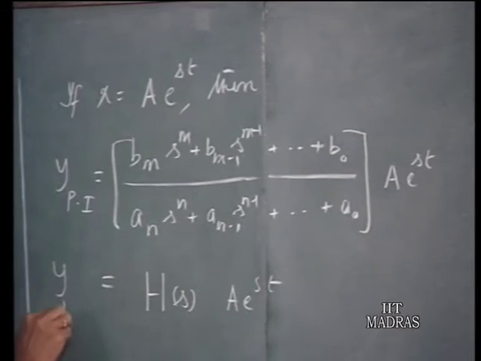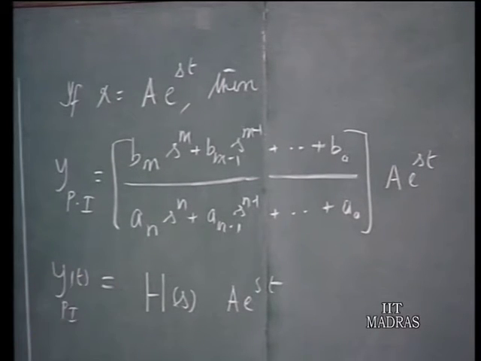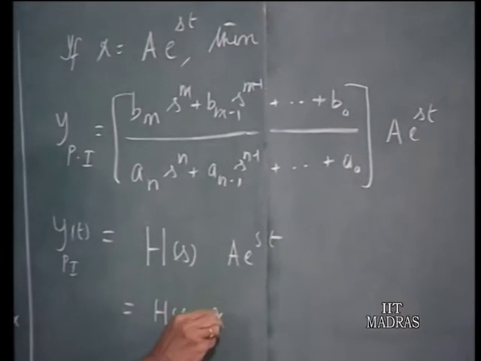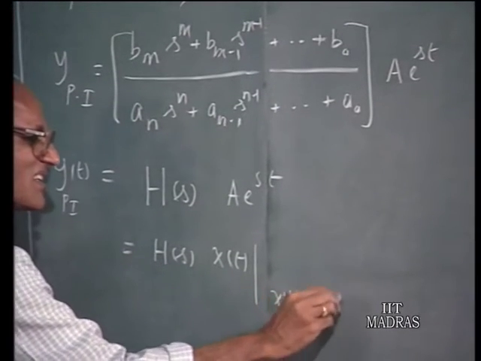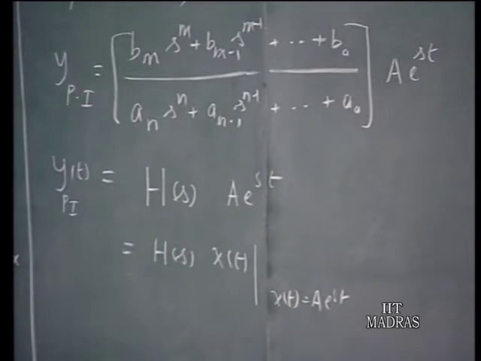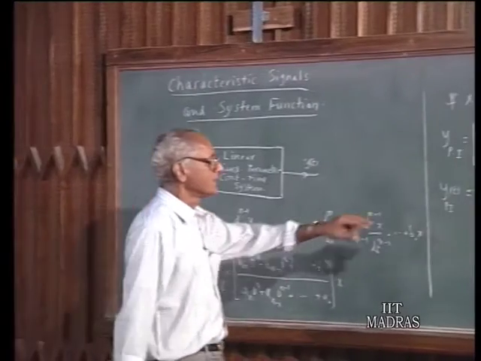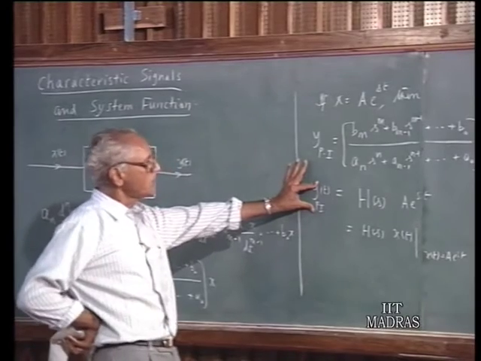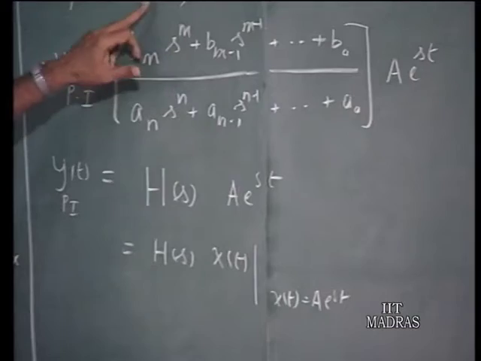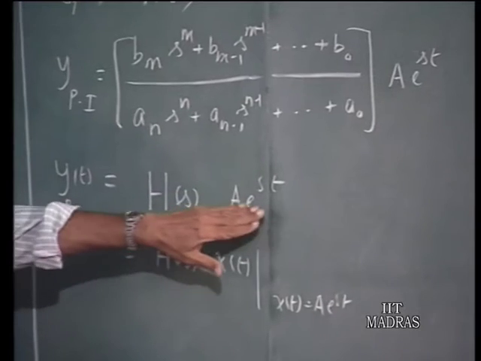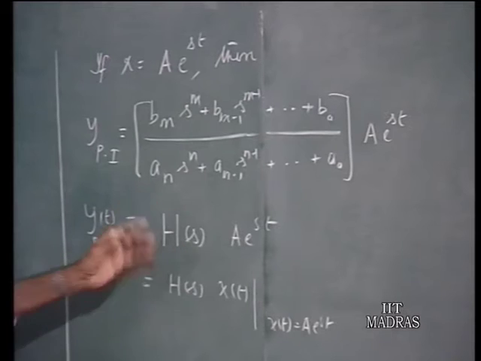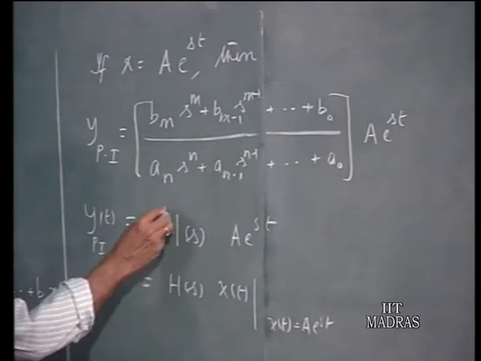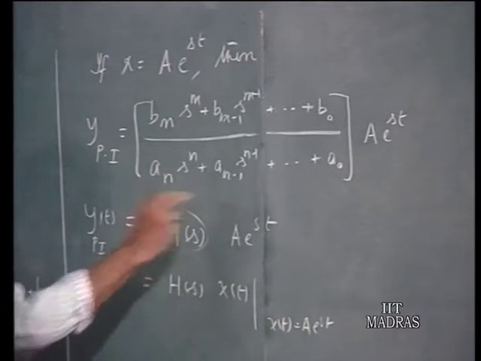So, the particular integral solution, a function of time, is H of s times A e to the power of st, or H of s times x of t, when x of t equals A e to the power of st. This is a very interesting property: the time function describing the first part of the solution and the excitation have the same function of time, except that it is multiplied by H of s, which is independent of time. So, we can think of this as a proportionality factor. This is a function of only s, but not a function of time.